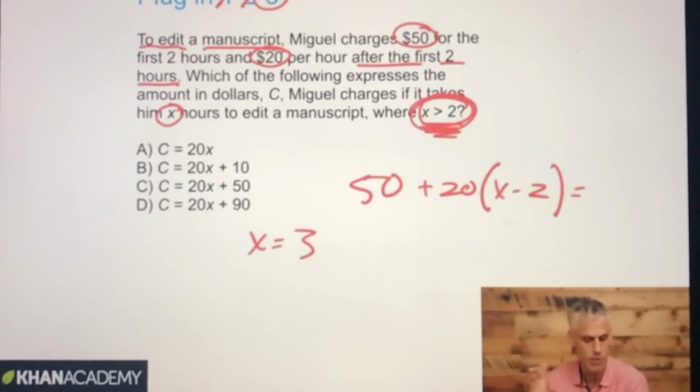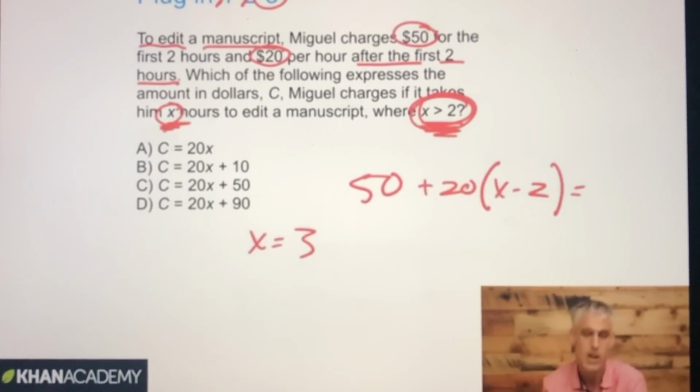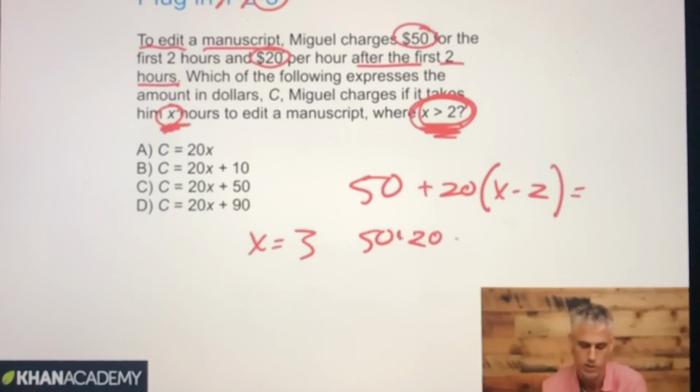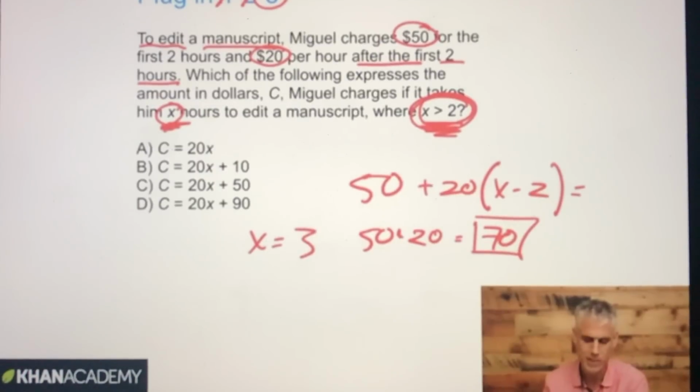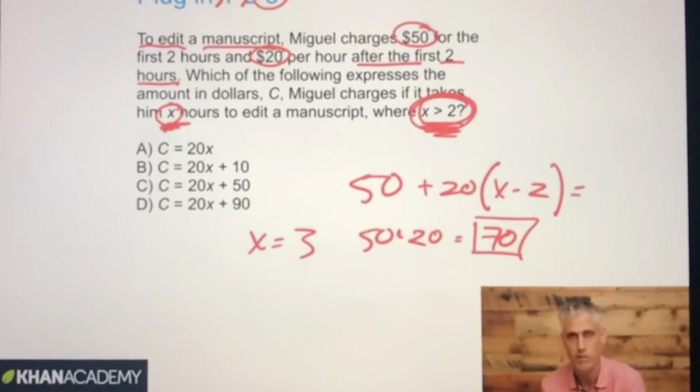X is the number of hours it takes to edit a manuscript. So if he's charging for 3 hours, he's going to charge $50 for the first 2 hours, and then for that third hour, he's going to charge 20 bucks. So we have a grand total of 70. This 70 is what needs to come out when X is 3.